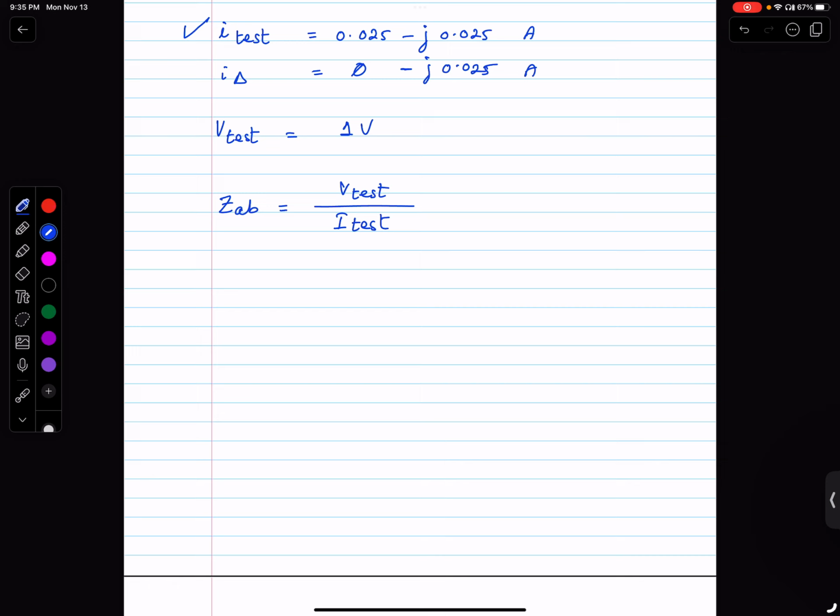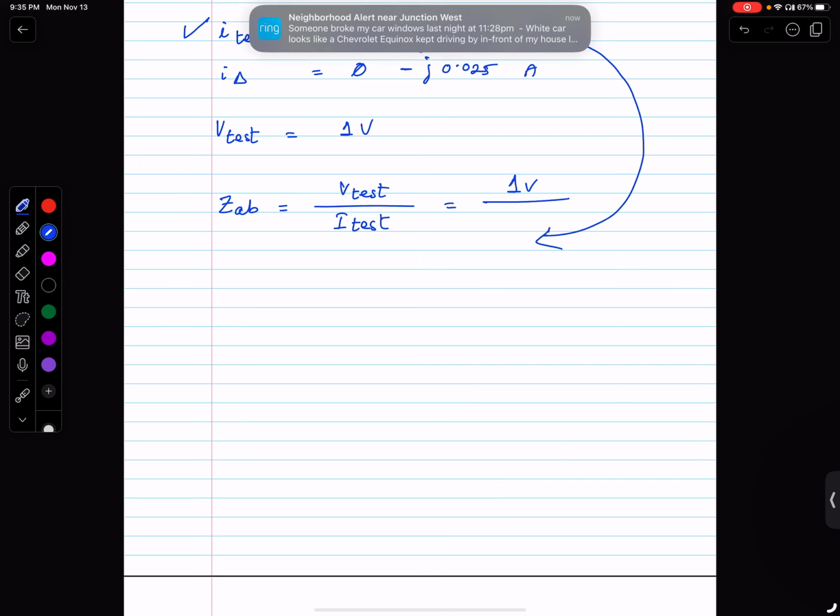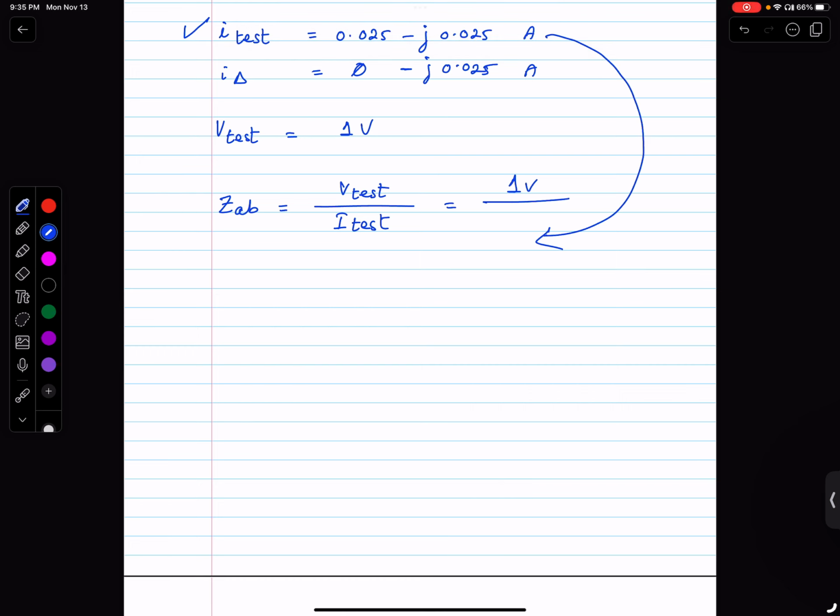You see, V test is 1 volt and I test is what? 0.025 negative J 0.025. Now you can convert this into polar form and then you can do all the interesting mathematics.